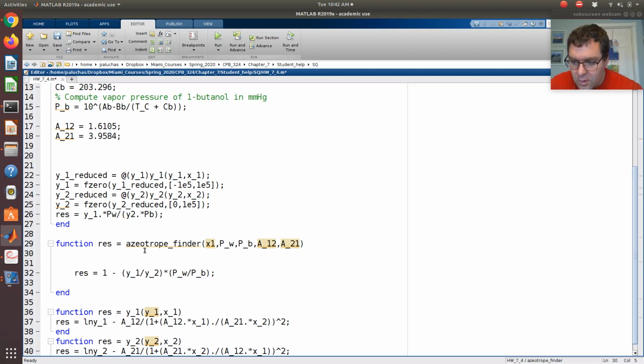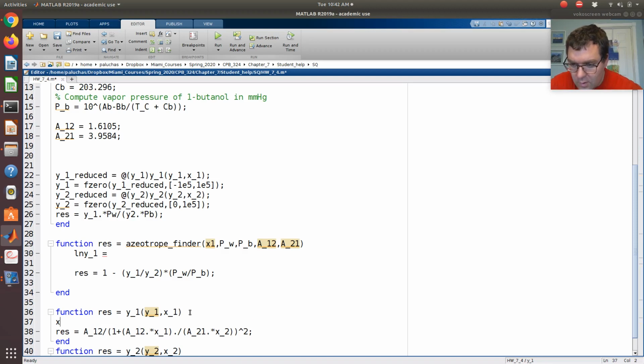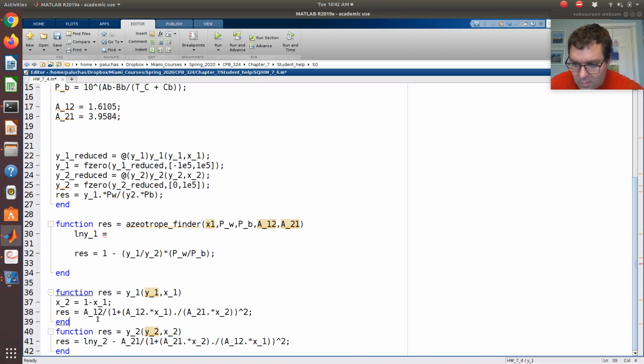So I can calculate log Y1. Actually, instead of setting this up in their function, log Y1 is this. You use x2, so let me do x2 is 1 minus x1. Let's type this up and then we'll make sense of it.